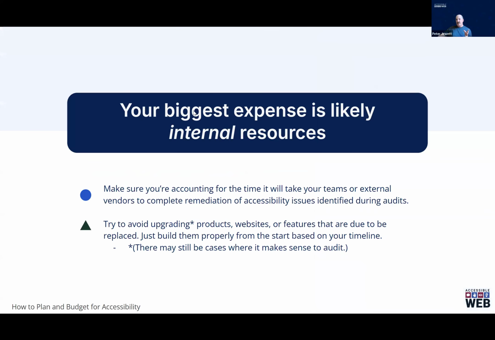This is one of the biggest things. Your biggest expense here is likely to be internal resources. So again, this is one of those cases where you shouldn't build everything and then come to us to get your accessibility conformance report or audit or VPAT done, because then your engineers are going to hate accessibility.